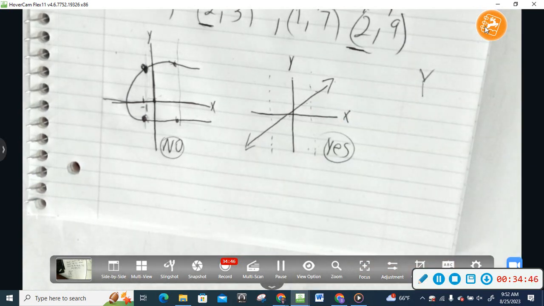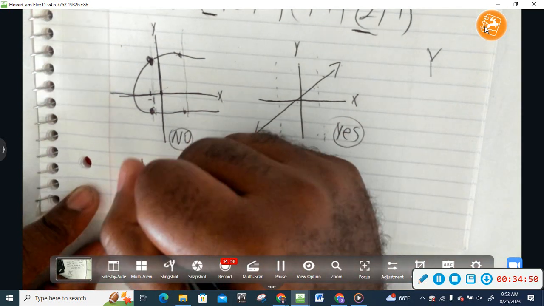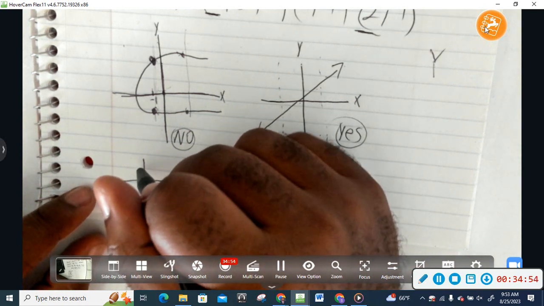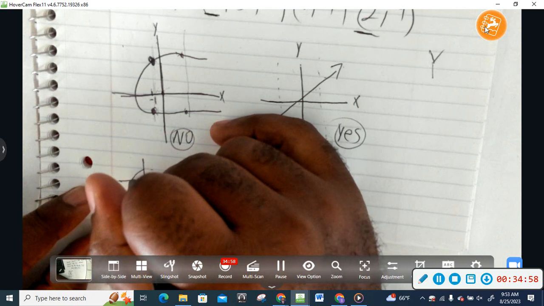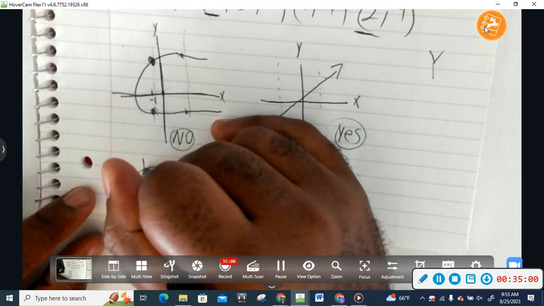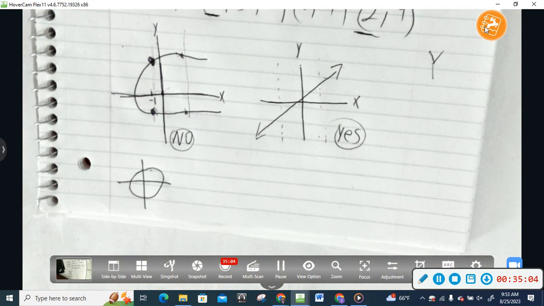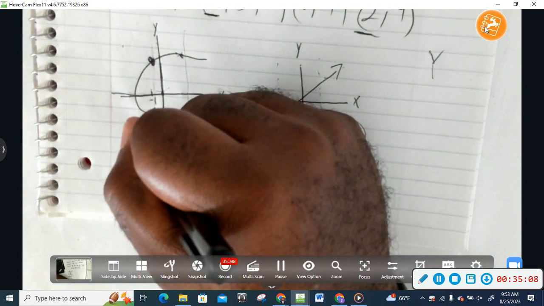Let's do another example of a no. If I see this, I am repeating x values right here and right here.